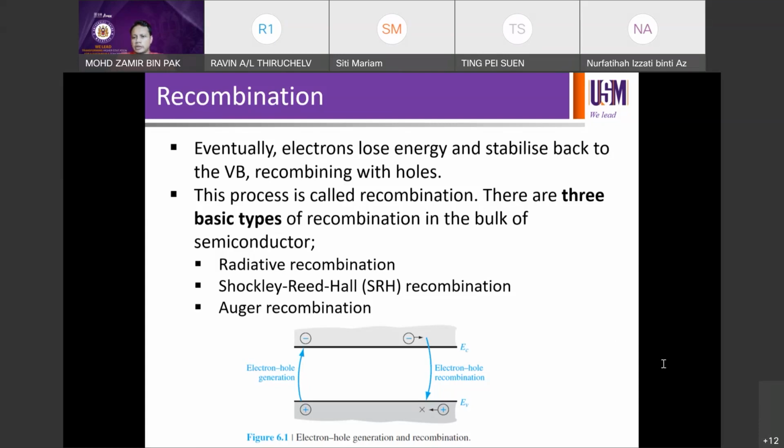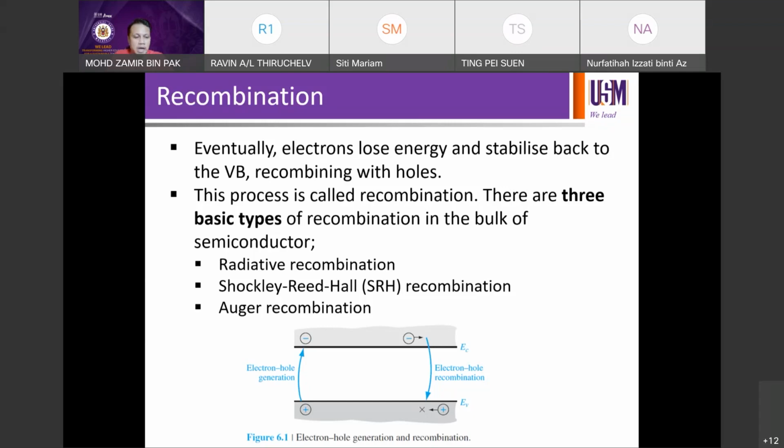For SRH, if you have defects, an imperfect lattice, dislocations, and other imperfections in the lattice, you are going to have SRH in the semiconductor material. And when you are working with heavily doped semiconductors, typically more than 10 to the 17, you should expect Auger recombination.